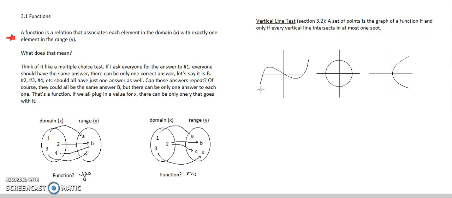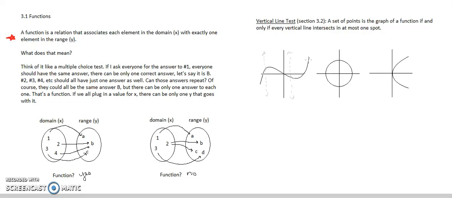So one way to do this is to take your pen or pencil and just swipe across from left to right and see if your pen or pencil would intersect in more than one spot. Now I can't do that, so we're going to draw lines. So let's look at this first one. Any vertical line that I could possibly draw, could it possibly intersect in more than one spot? Well, no, we can see as we go along here, no matter where I draw a vertical line, it's only going to intersect in one spot.